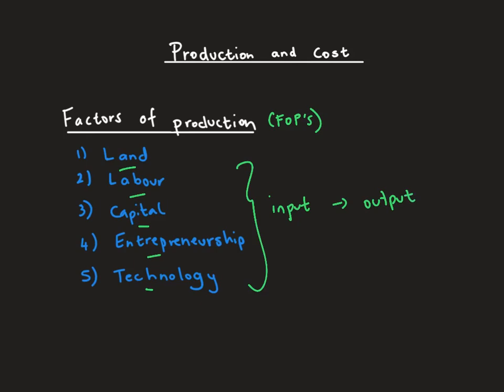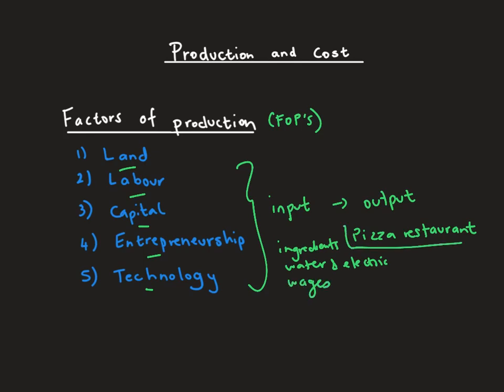I gave you an example of a pizza restaurant. So if you open up a pizza restaurant, what do you need in order to create the perfect pizza? Maybe you need stuff like ingredients, water and electricity to make the pizza, and also something like wages.